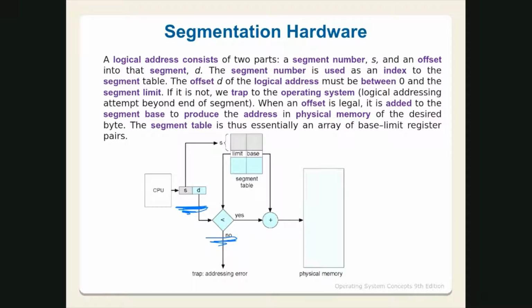How do you know the offset is valid or not? You need to go to the segment table. In the segment table, it contains all the segment numbers along with the size of the segment.